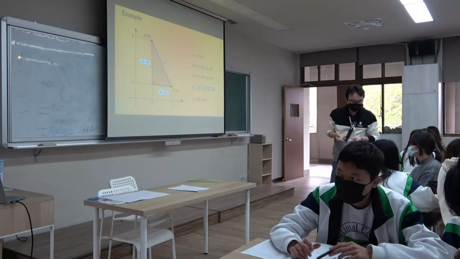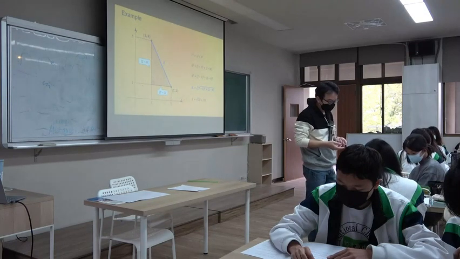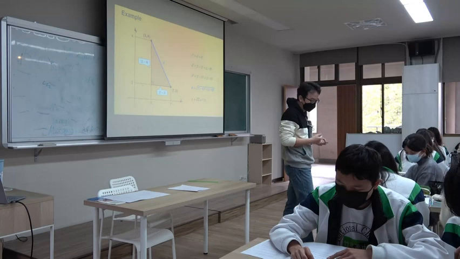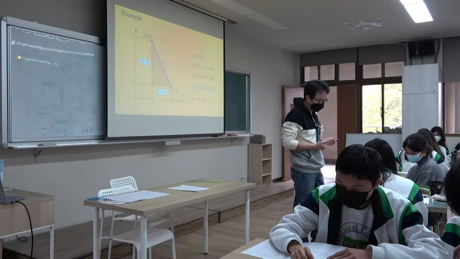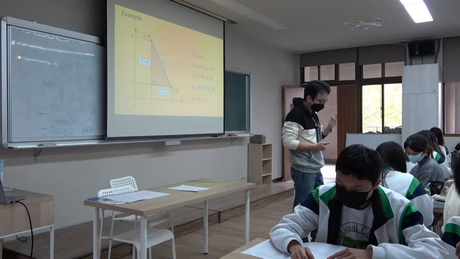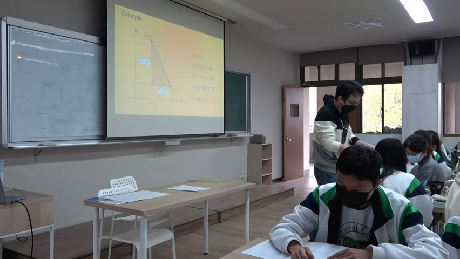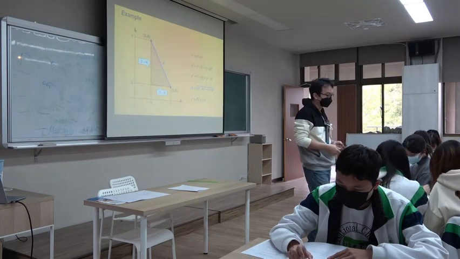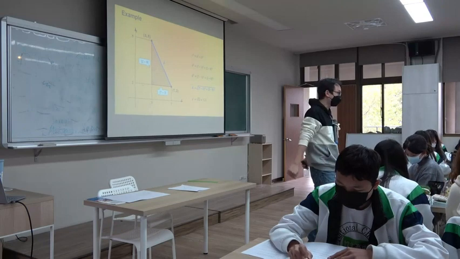Okay, we have an exercise. You can try to explain how to find the distance between the points (1, -4) and (9, 2). You should try to explain. You should draw a right triangle, right?